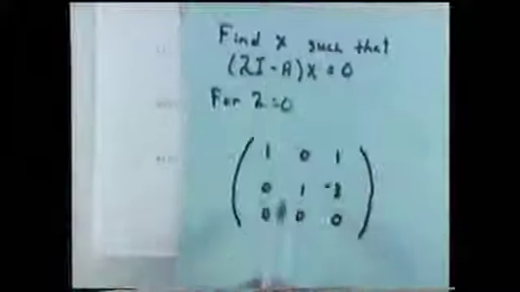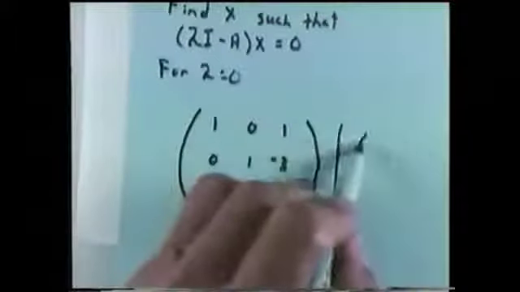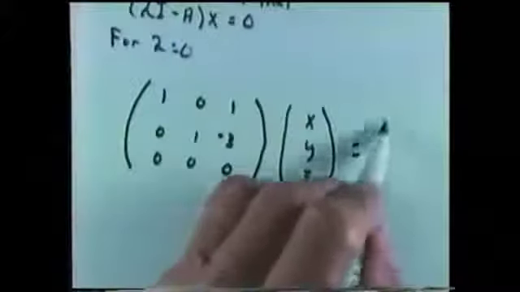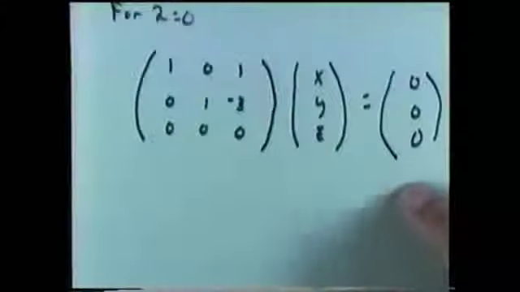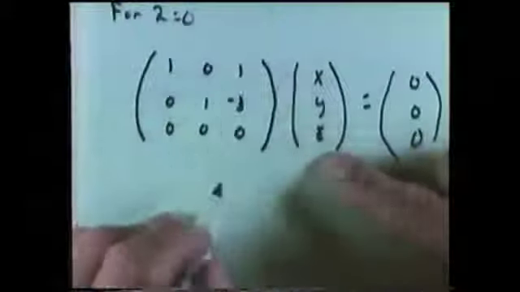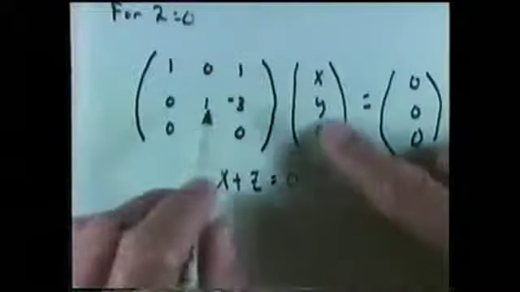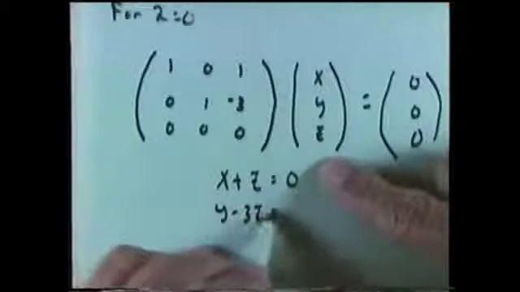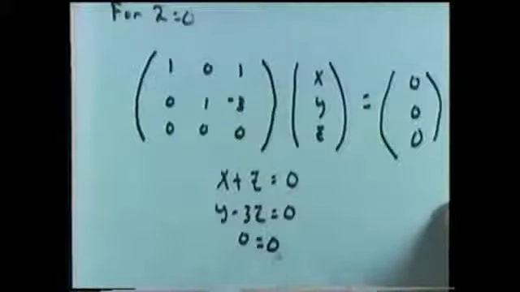So that's lambda I minus A in row echelon form, times the x vector, x, y, z, is equal to 0, the 0 vector. Well, solving, I can see x plus z is equal to 0, y minus 3z is equal to 0, and of course across the bottom I get 0 is equal to 0.